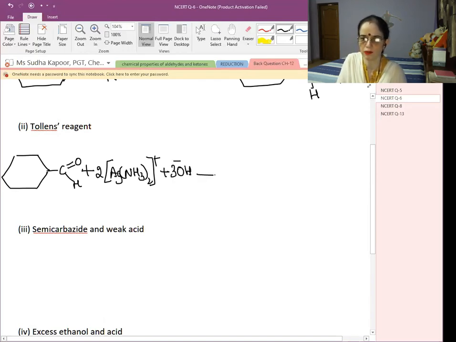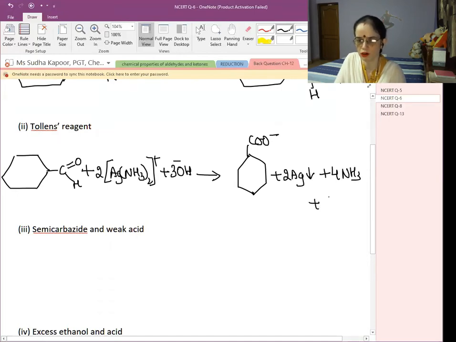If we get a silver mirror, then it is aldehyde. If we are not getting it, then it may be the ketonic structure. So what we will be getting here is cyclohexane part, followed with the formation of carboxylate ion. Silver mirror is obtained, 4 times NH3, along with the formation of water molecule. Okay, so silver mirror is obtained as a precipitate here.